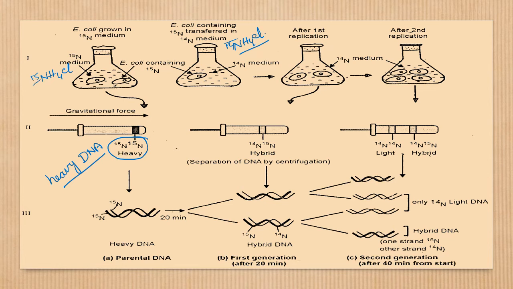Now what happens? We first apply the replication. Observe the first replication, or first generation, after 20 minutes. Whatever new DNA is formed, all are hybrid. That means one strand is N14 and one strand is N15.